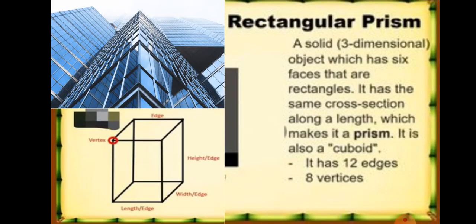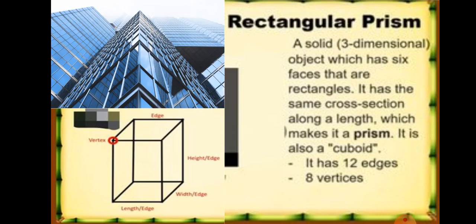The second one is the rectangular prism, a solid three-dimensional object which has six faces that are rectangles. It has the same cross sections along its length, which makes it a prism.